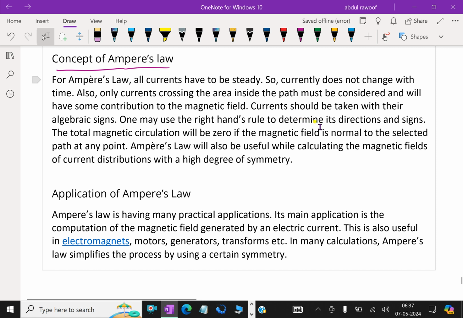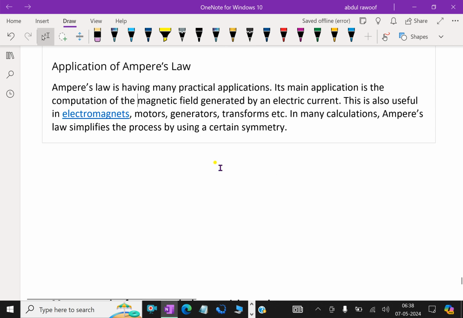Current should be taken with its algebraic sign, that is positive or negative regarding the path, when we use the right hand rule to determine direction and sign. The total magnetic circulation will be zero if the magnetic field is normal to the selected path at any point. Ampere's law is also useful while calculating magnetic fields of current distributions with a high degree of symmetry.